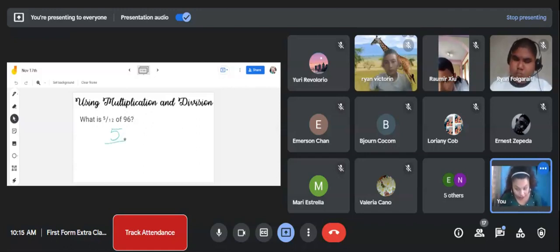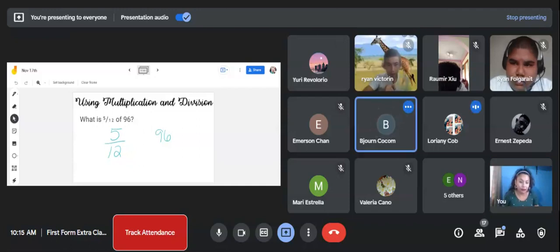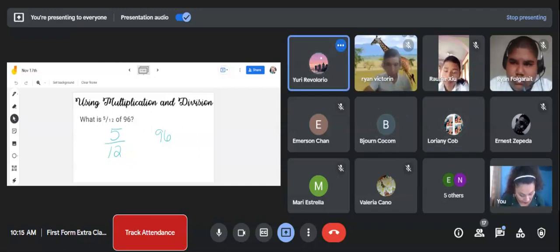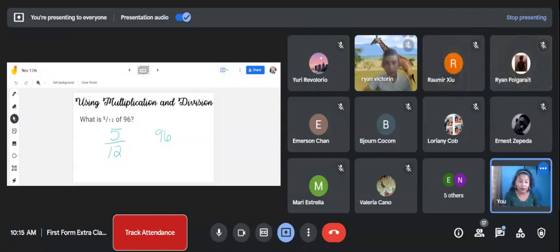First thing I have to do is I need to understand that the question tells me 5 over 12 of 96. What does the word of mean? What operation? It only means one. Which one?